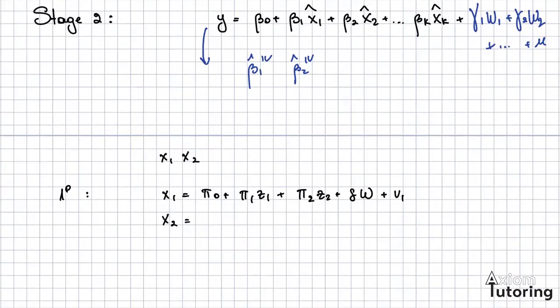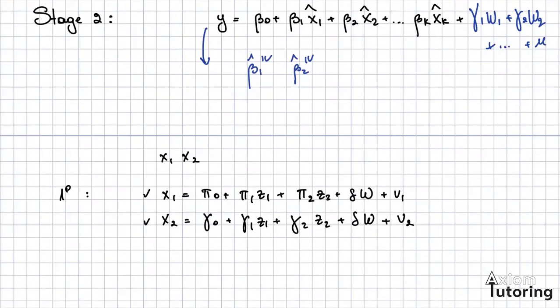Then for x2 you're going to have, so that these are different coefficients, say gamma 0 plus gamma 1 z1 plus gamma 2 z2 plus delta w plus v2. Okay, so in this particular case, as you can see, each of these two will get their own regression. Both instruments appear in both first stages, the regression of x1 and the regression of x2. And each instrument in here is helping predict both endogenous variables.